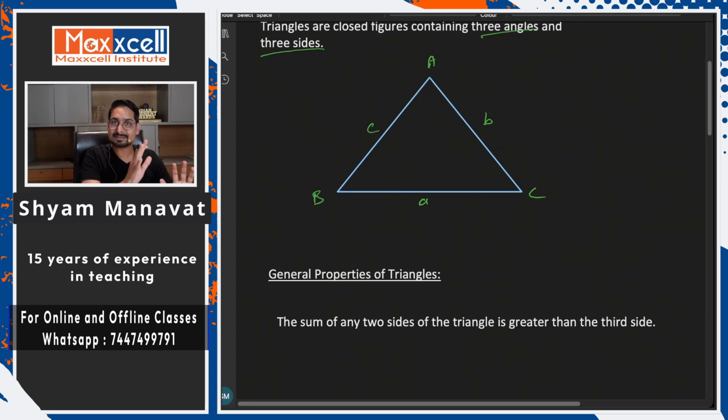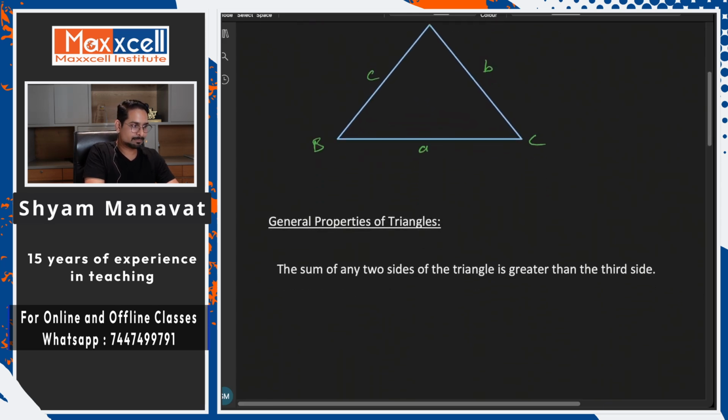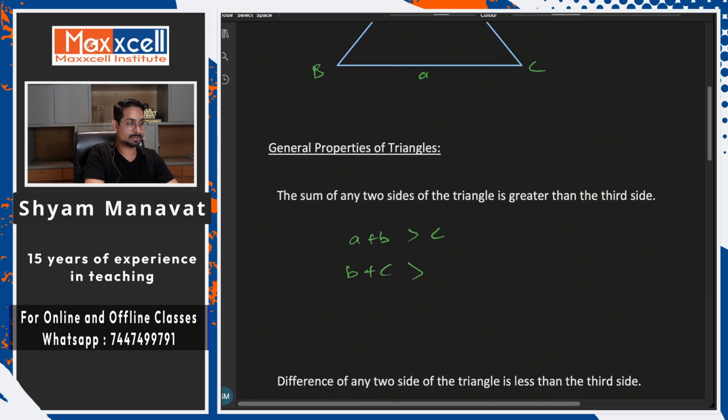There is no rule as such, but we follow this general pattern. So all of us are on the same page. So here we say the sum of any two sides is always greater than the third side. Any two. And it is true for all the sides, not only one.